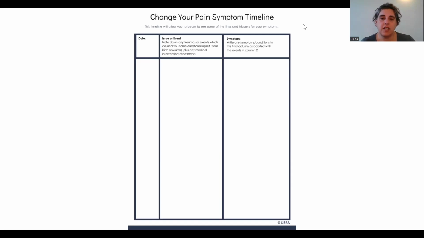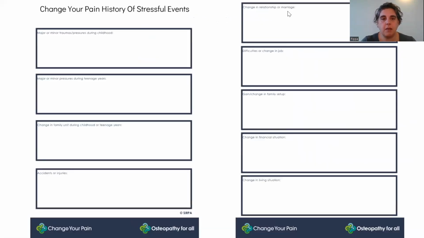There's now quite a lot of research into that. So what we know now is that shock and stressful events can have physiological changes on the body. What we're doing with this worksheet is trying to get an idea of how that's affected you or not.